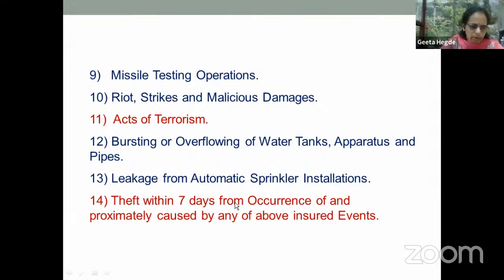So only in the process of riot it was covered and not followed by the riot.